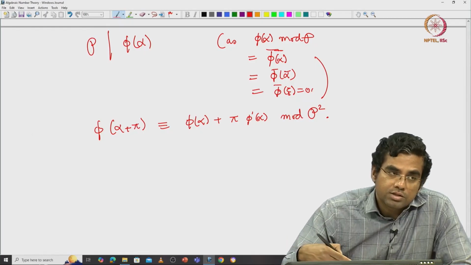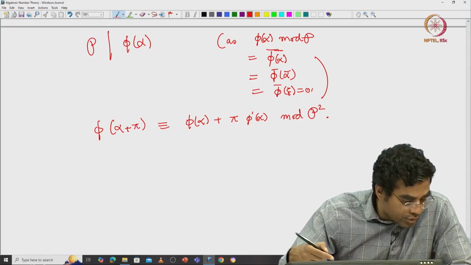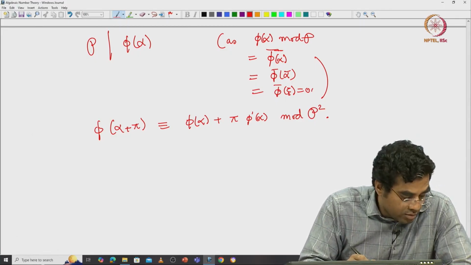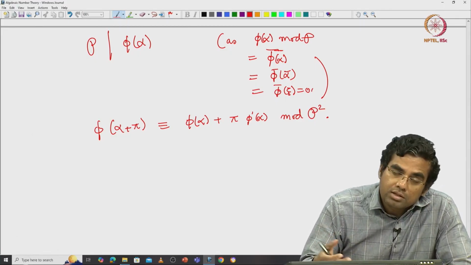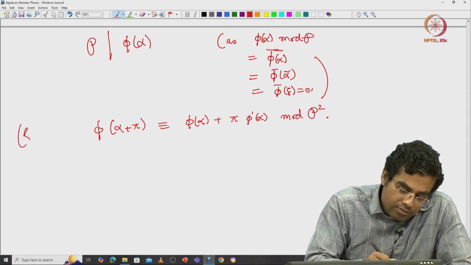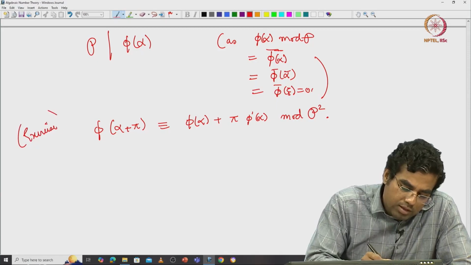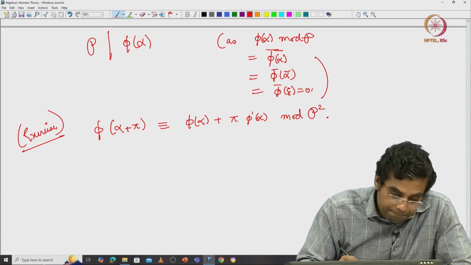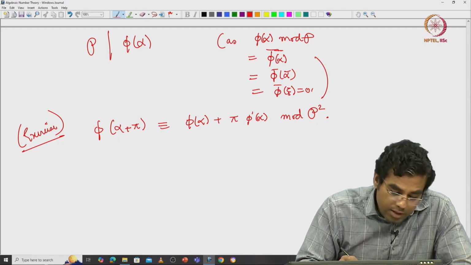Again, this is just for polynomials, so it is very easy to verify. You do not need analysis; Taylor expansion is just an intuition. You can prove this extremely easily for polynomials. So, maybe take this as an exercise.